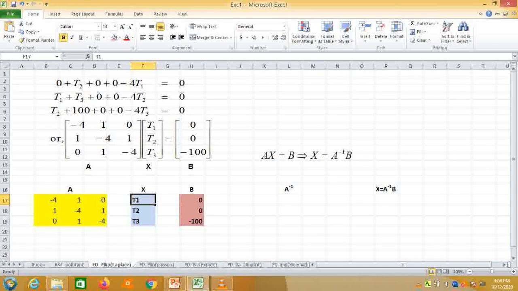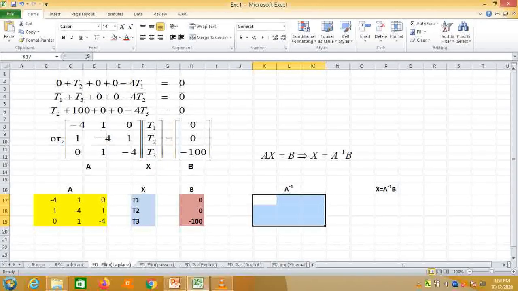Obviously it is. Now, to find X, we said we need to find A inverse times B, so we need to find A inverse. A matrix can have an inverse only when it is a square matrix. But being a square matrix doesn't guarantee that it would have an inverse; it could be a singular matrix. If it is a square matrix, then its inverse is going to be square again.